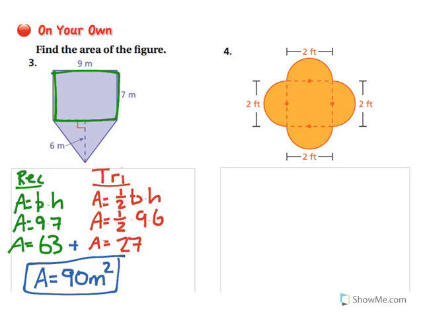Pretty easy. Now, for our next problem here, as you can tell, we have in the middle a square. I can say it's a square because you see I have 2, 2, 2, and 2. Describes the diameters of the circles. It's also the side lengths of the squares. So I have one square.